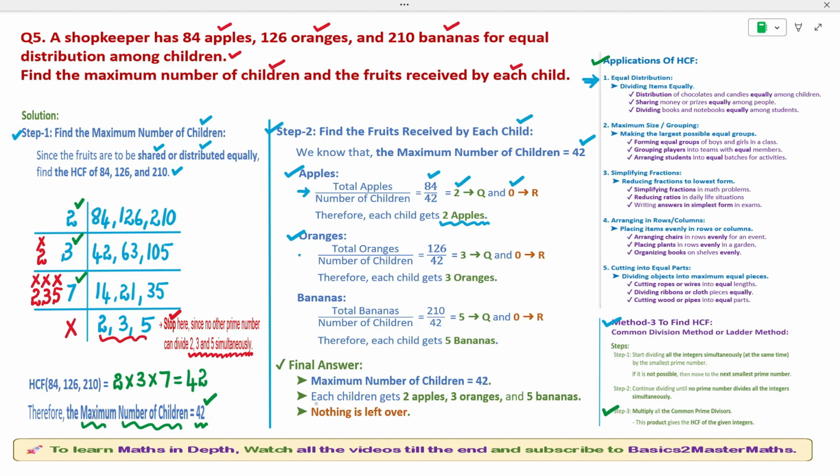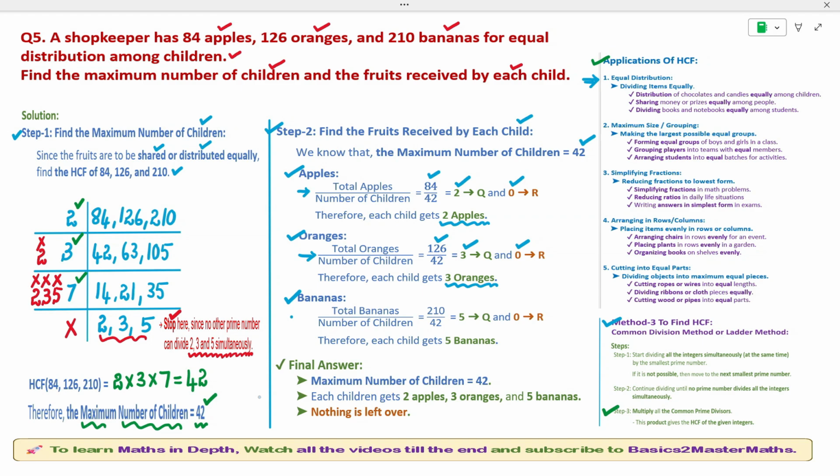Similarly, total oranges divided by number of children. That is 126 divided by 42 gives you 3 as the quotient and 0 as the remainder. Therefore, each child gets 3 oranges.